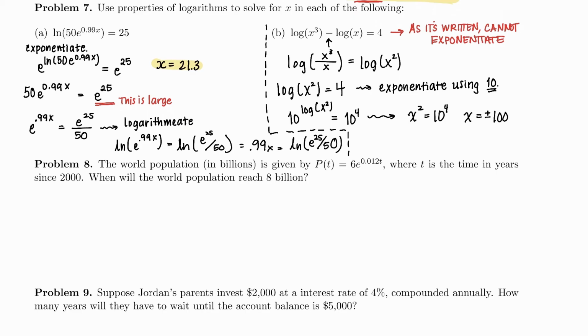Okay, but we need to be a little bit careful here, because notice that in our original problem, I had just log of x. So I can't have log of negative 100.